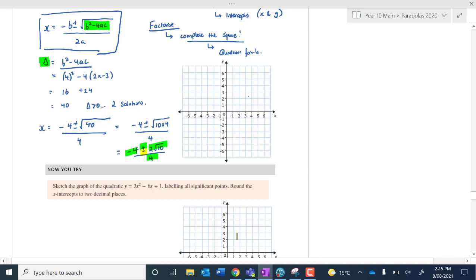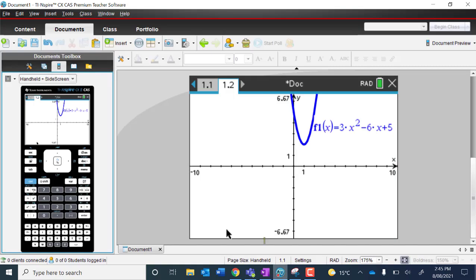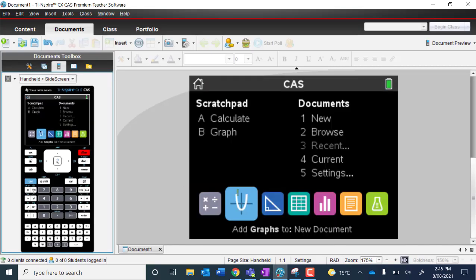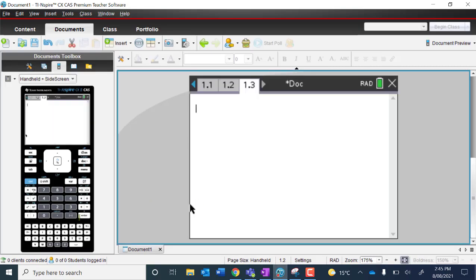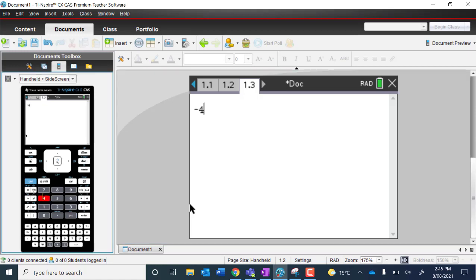Okay, so let's go back now. That's your exact answer. Let's do it in 2 separate ways. Let's do it like this: control and divide, get our fractions up, and minus 4 plus 2 root 10 over 4.